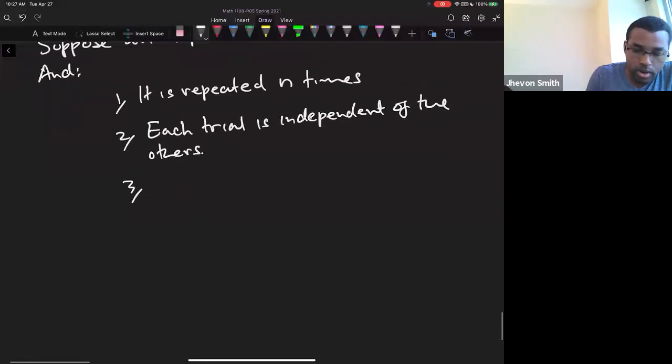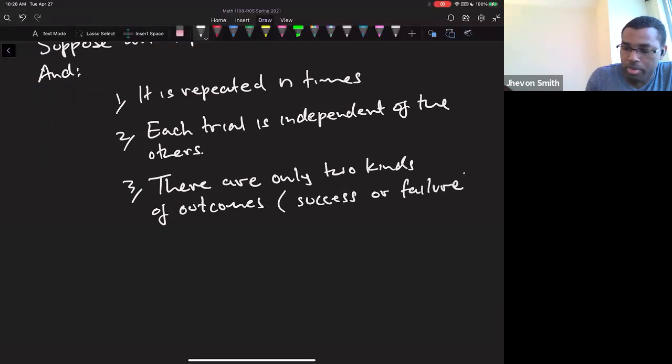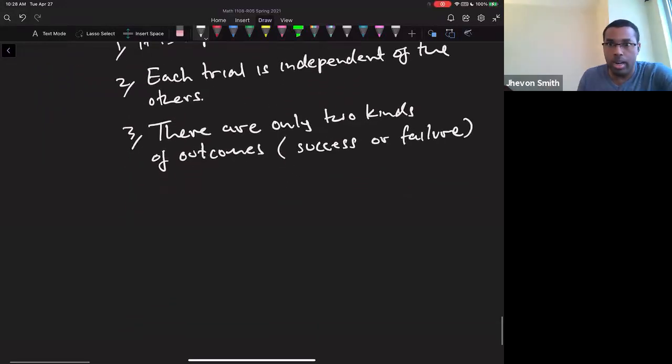And 3, there are only 2 kinds of outcomes. Success or failure. A lot of things in life happen with that. You just care, did we do it or not? Did we make it? Did we have the success or not?